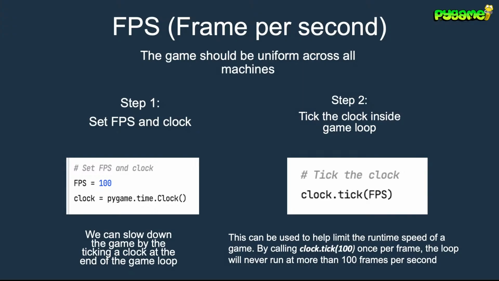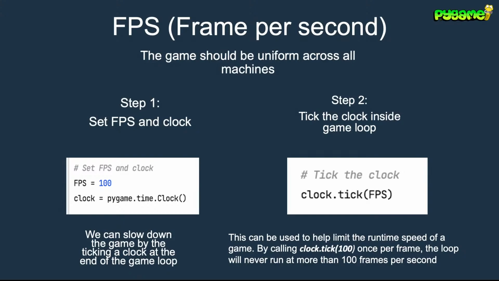And we also can add this FPS to our game if you want. But let's go further. Why do we need to work with FPS? Because some laptops work slowly, some laptops work fast, some machines have more power, some machines not.